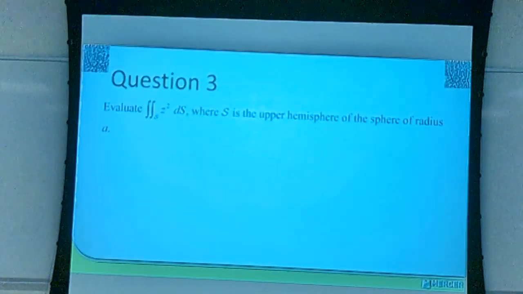And here we want to integrate z squared over the surface of the upper hemisphere of radius a.